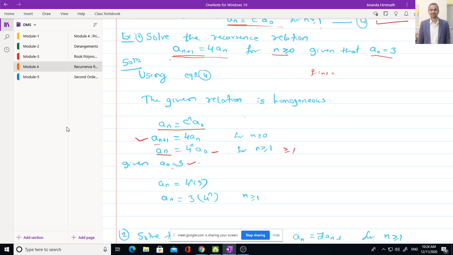So let us replace it. a_n = 4^n times 3, that is a_n = 3 times 4^n. So this is the required solution.